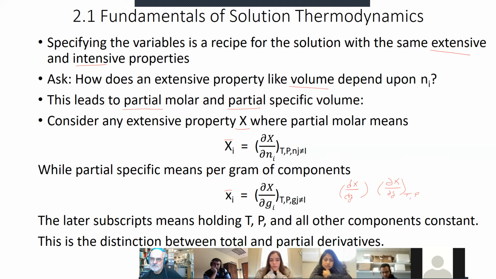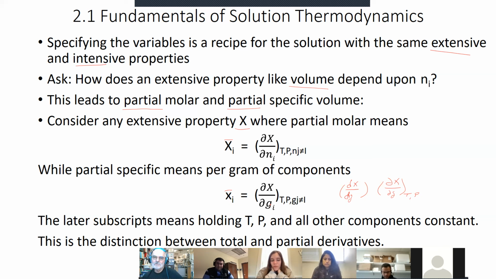The total derivative doesn't necessarily do that. All right, and that's what we were doing in the previous couple of slides with the total differential. All right, the point of this is that we've now turned this parameter into an intensive property. It's no longer extensive.